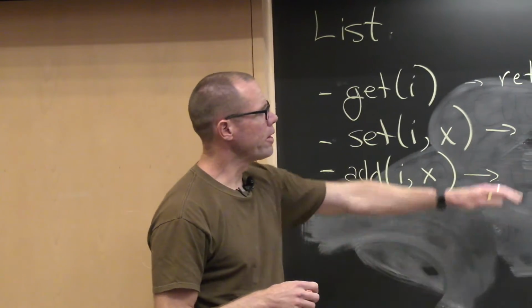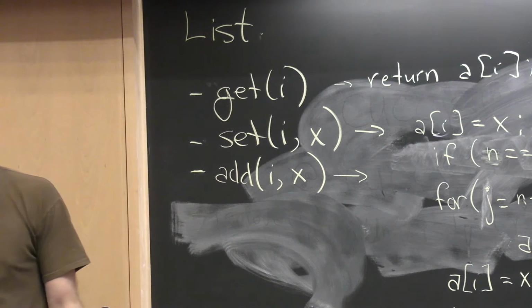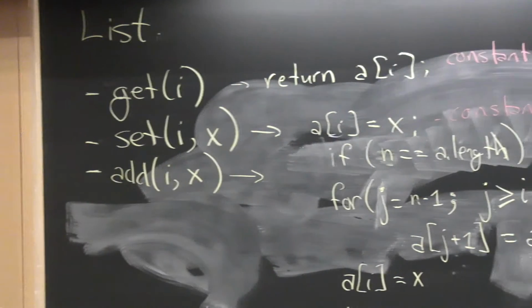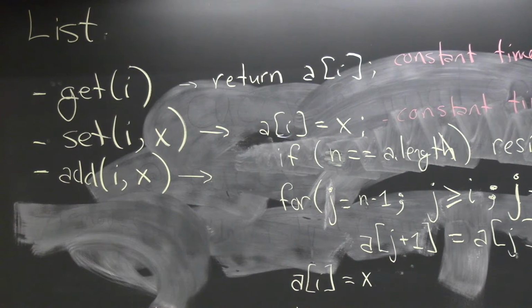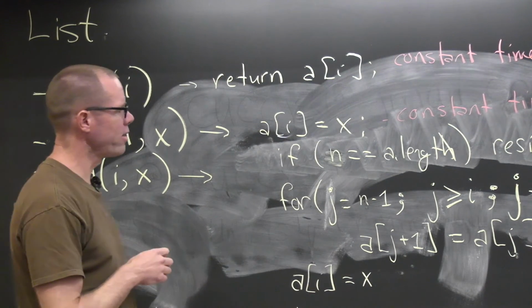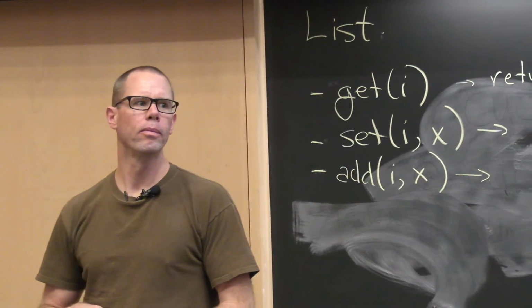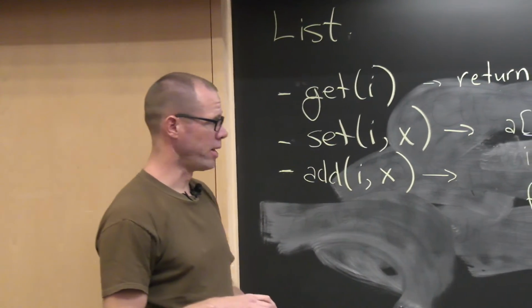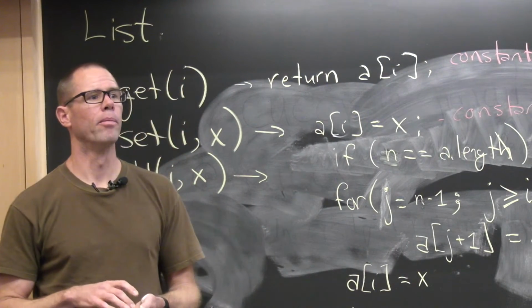Okay, how about this add operation? What does it depend on? Well, it depends on n. Does it depend on anything else? Depends on what resize does. That's true. Anything else?